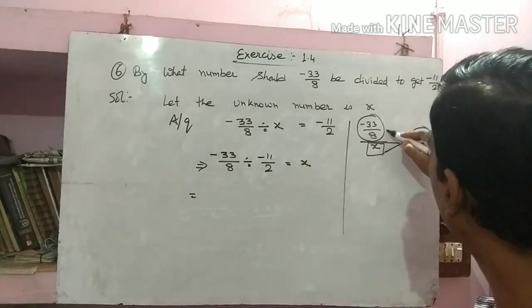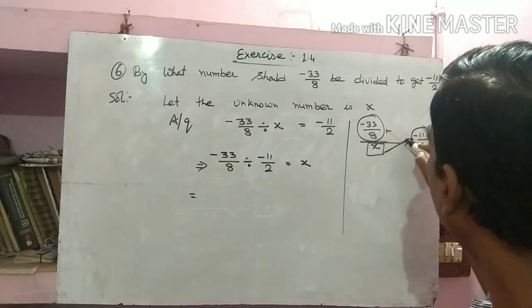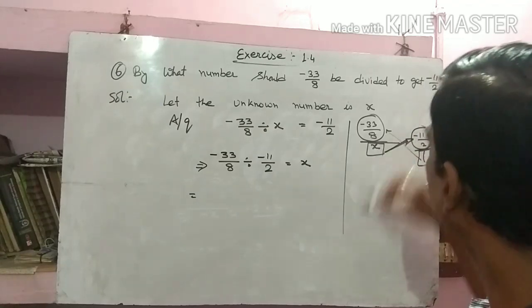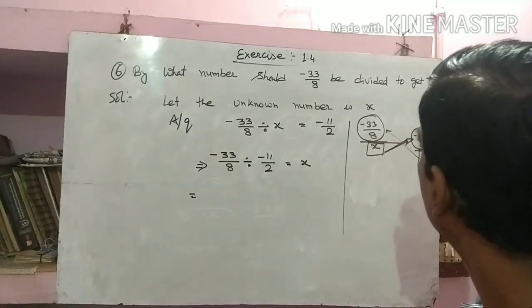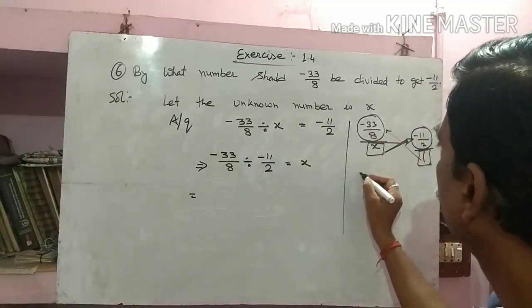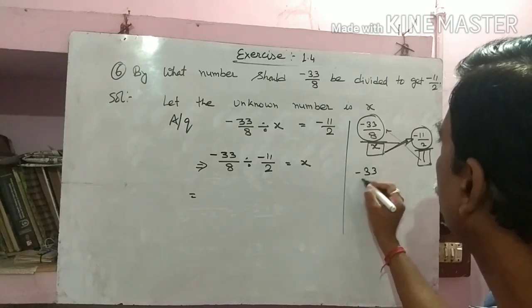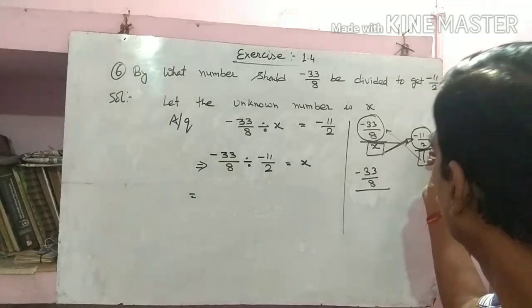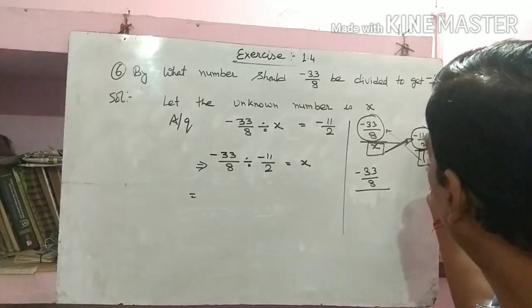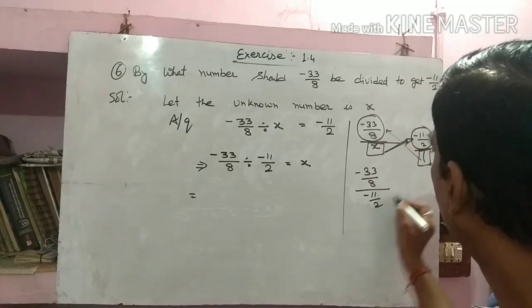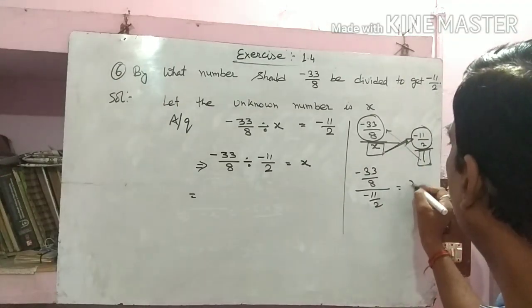So 1 is going to multiply with this one and x is going to multiply with this one, or if it is interchanged, it becomes a value like this: minus 33 by 8 is going to be replaced by minus 11 by 2, and x becomes the numerator of it.